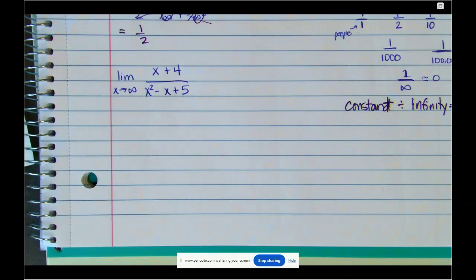If I plug in infinity, do I get infinity over infinity? Yeah, because I have something infinite on the top, and something infinite on the bottom because I have infinity squared, which is ginormous. So I have infinity over infinity, which is indeterminate.